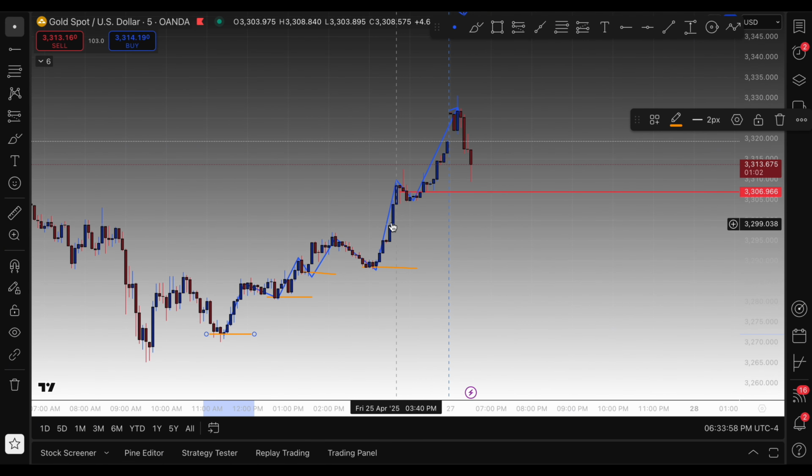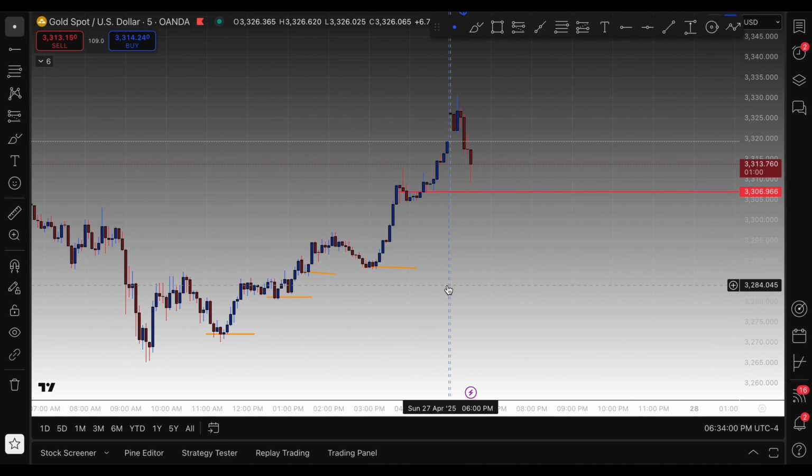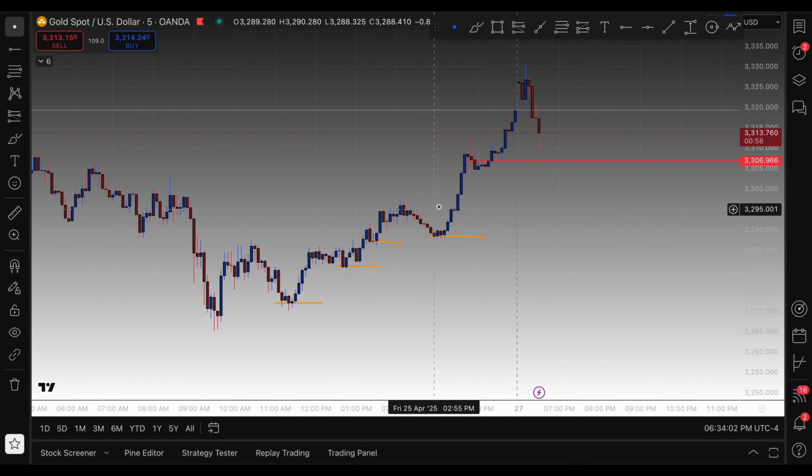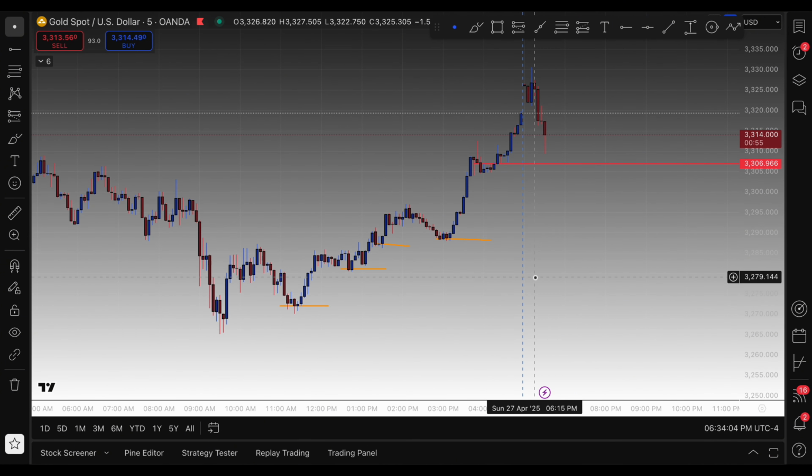Okay, and with that being said, I'm going to leave these little orange drawings here for you guys to see. So now that we know how to identify liquidity pools and how to see them, simply find a trend and you can find the liquidity pools.